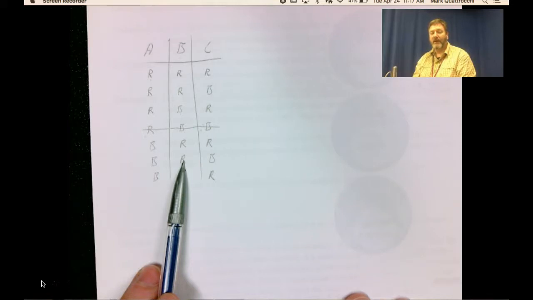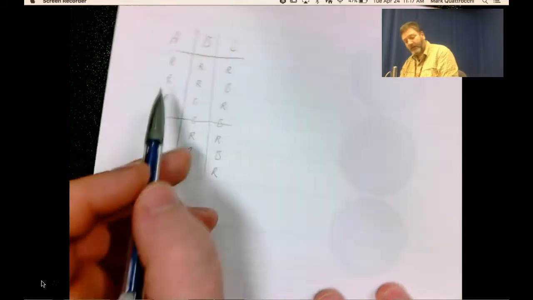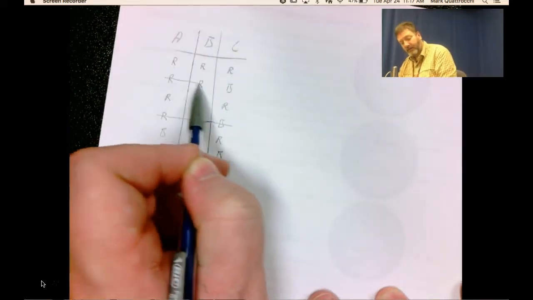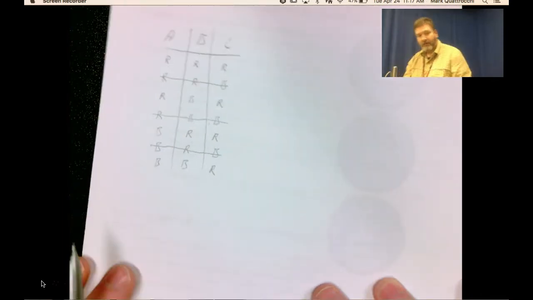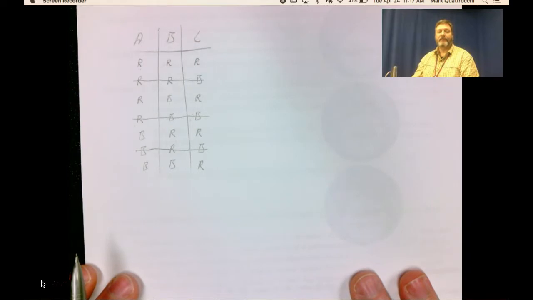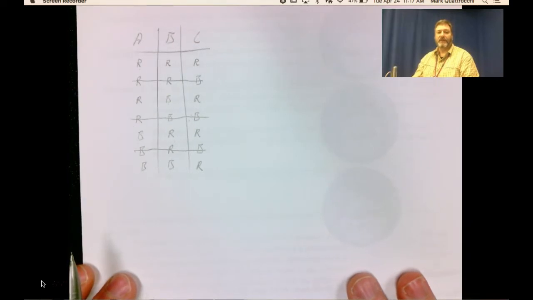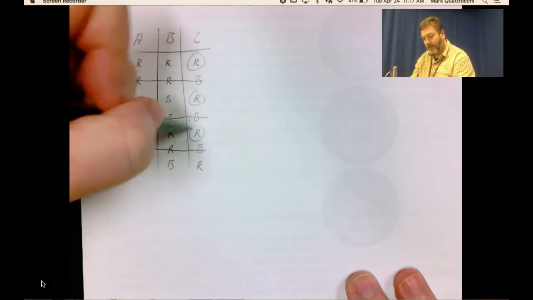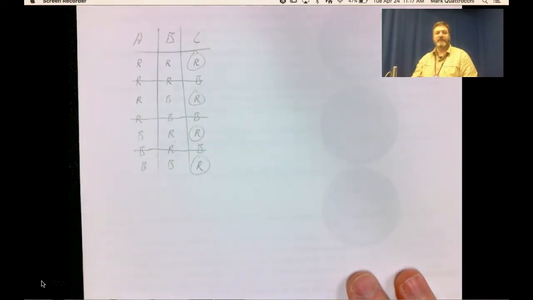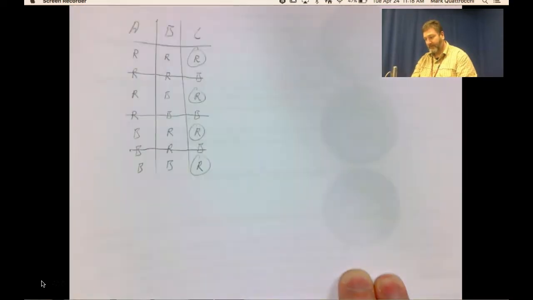But Ben didn't know what he was wearing, so Ben did not see a blue hat. Cal knows this. What's left? No matter what the situation is, Cal's hat has to be red. So Cal knows he's wearing a red hat.